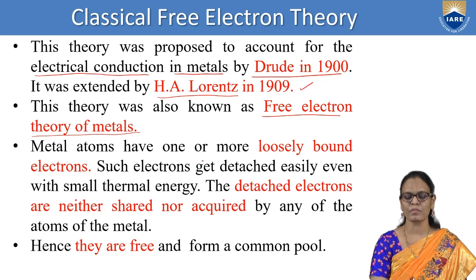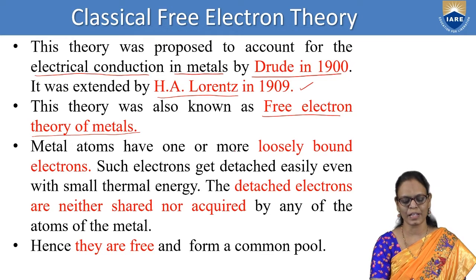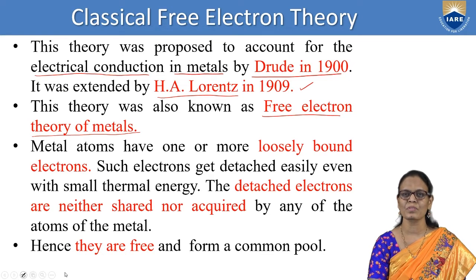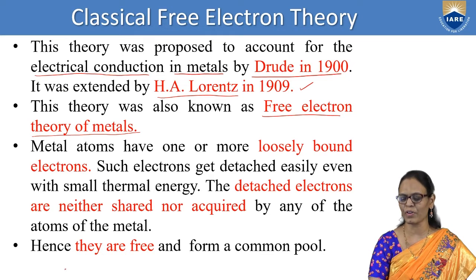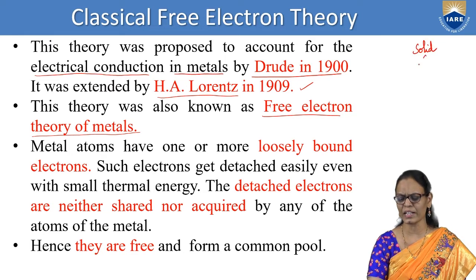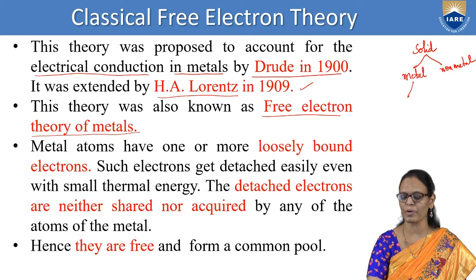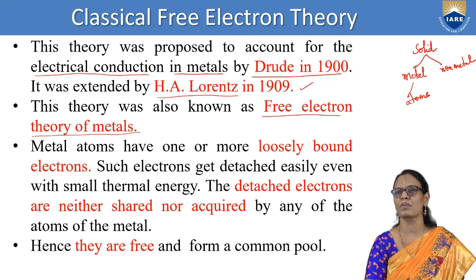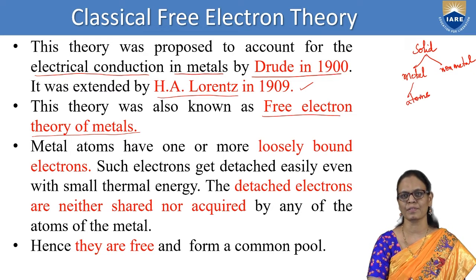Metal atoms have one or more loosely bound electrons. Whenever you take a solid, whether it is a metal or a non-metal, it consists of a number of atoms. Now we are talking about a metal which consists of a number of atoms.